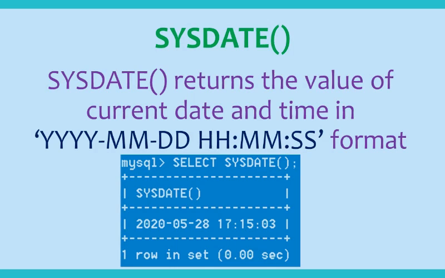Means the sysdate function also returns the current date and time in the same format as now function returns. Let's see the example. Select sysdate semicolon. So it shows the system date in this format: year, month, day, then hours, colon minutes, colon seconds.